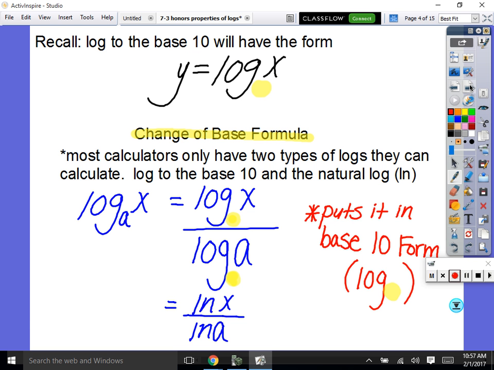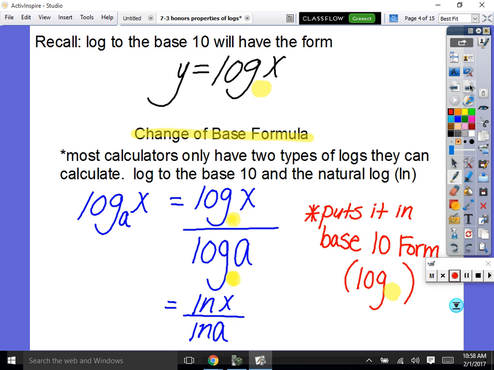Most calculators, like my TI-83s over there, only have 2 types of logs. They can calculate log to the base 10, so just log, and then also the natural log, ln. So if we have log to the base a, which is not 10, of x, we still need to be able to evaluate it. We still need to be able to type it in and find the approximate value.